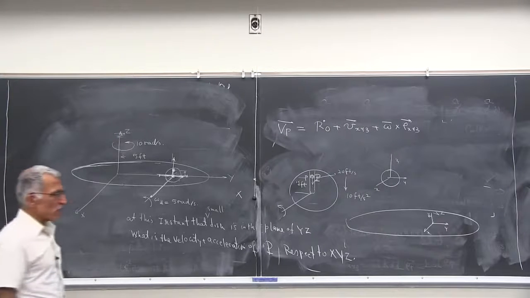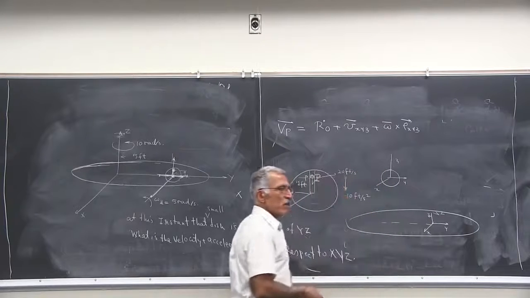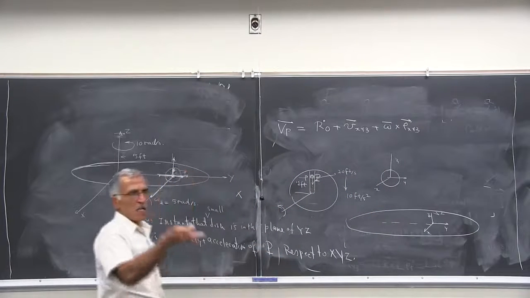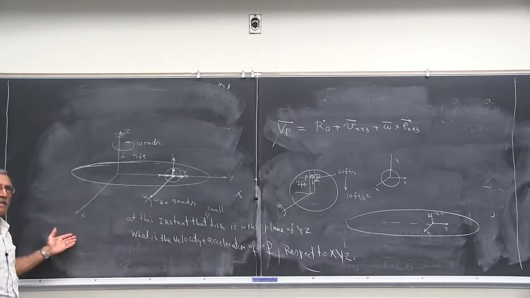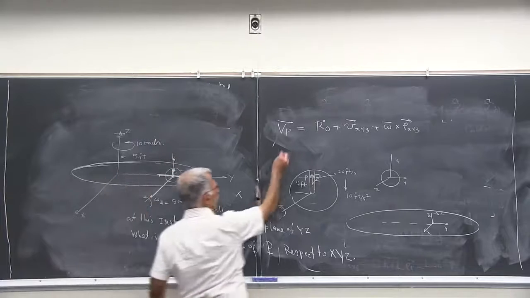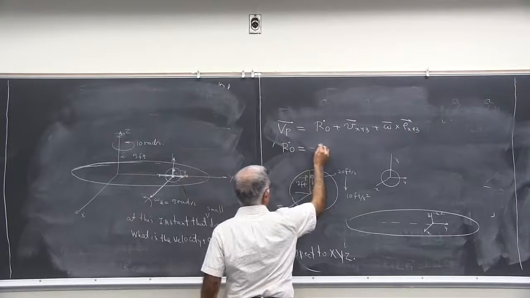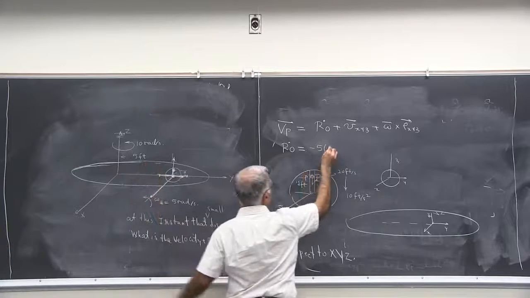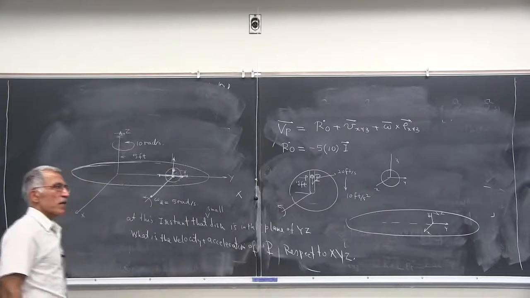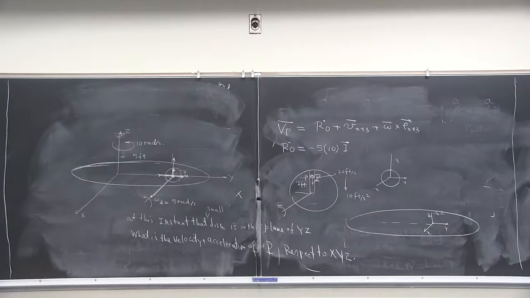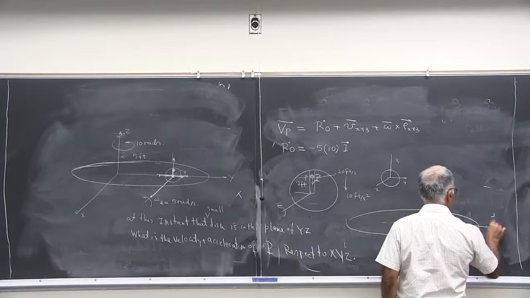So your r dot O is simply like r omega or r theta dot, and the direction of that is in the direction of negative I. So your r dot O is equal to minus 5 times 10, and the direction of it is capital I. Your small xyz is here. At this instant, they are coincident.